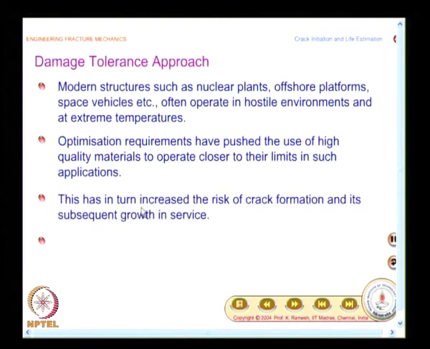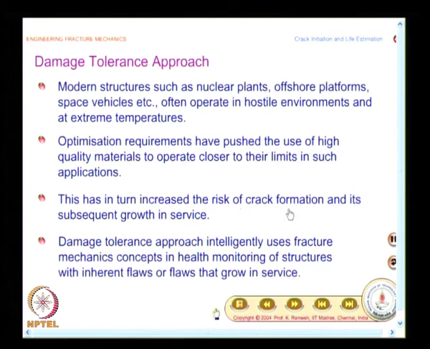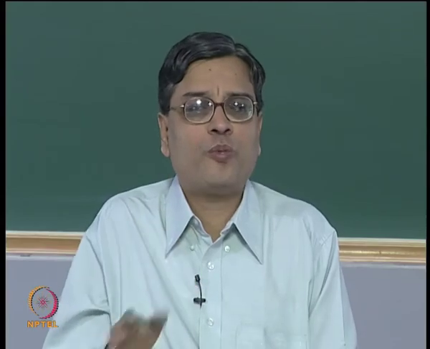This has in turn increased the risk of crack formation and its subsequent growth in service. So, the damage tolerance approach intelligently uses fracture mechanics concepts in health monitoring of structures with inherent flaws or flaws that grow in service. So, damage tolerance is nothing but practical utilization of fracture mechanics concepts in the field.